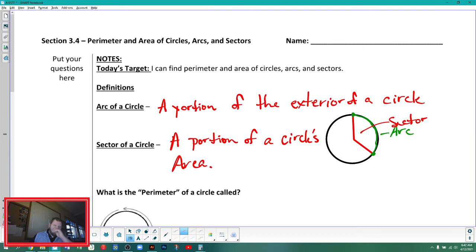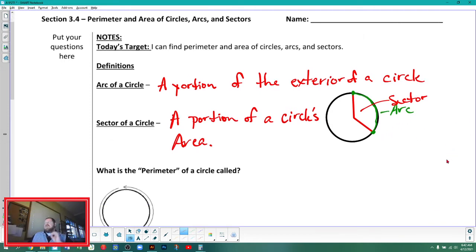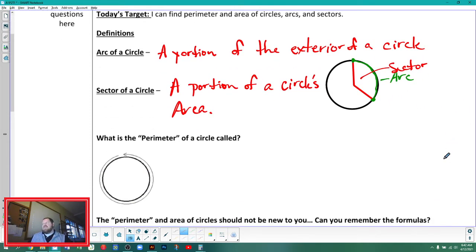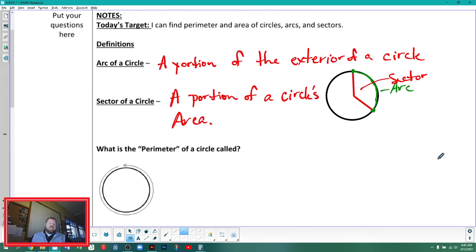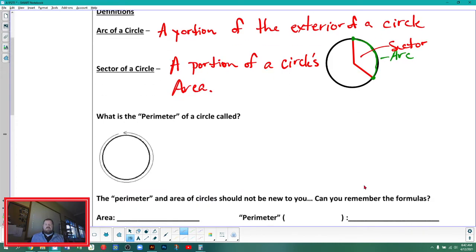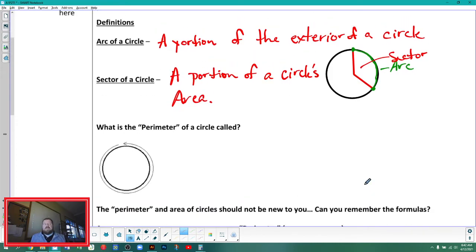Okay. Now, I've been tiptoeing around a couple words so far, and I really wanted to keep doing it, but at some point it's just got to come out there. What do we call the perimeter of a circle? It is just finding perimeter. We've dealt with perimeter so far in other sections, and now we're just talking about circles, but we have a special name for it.